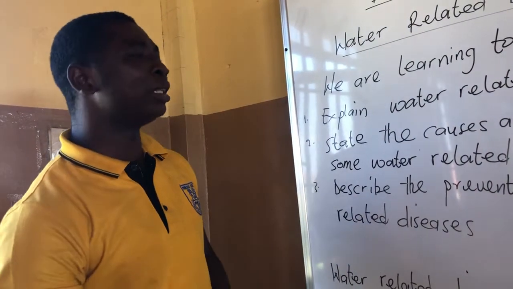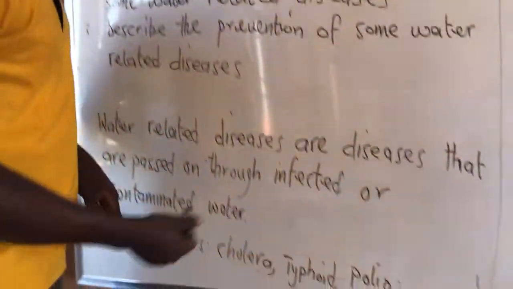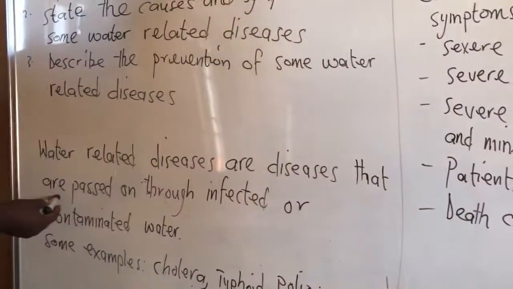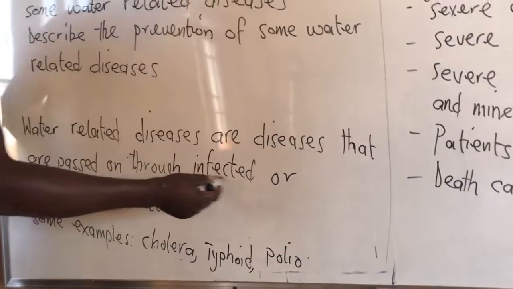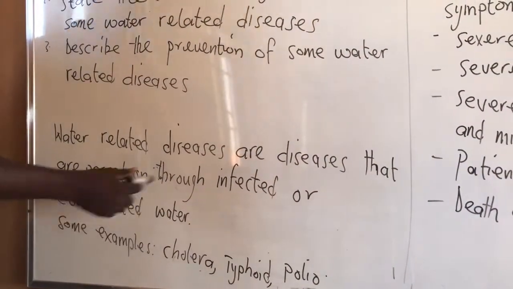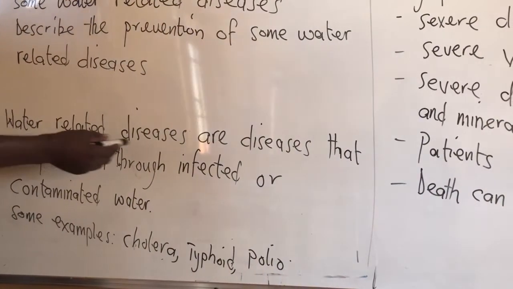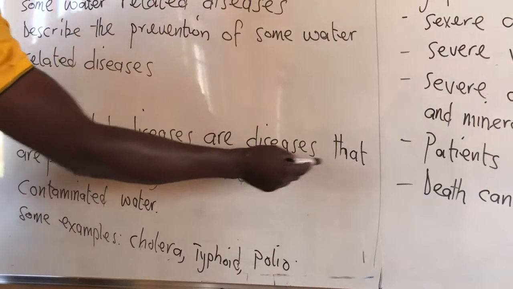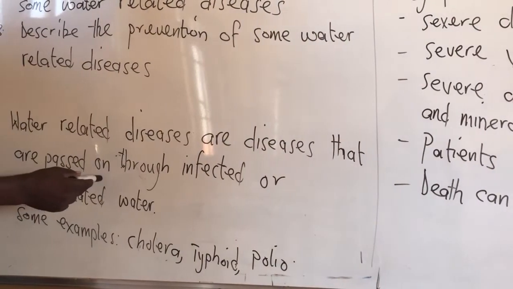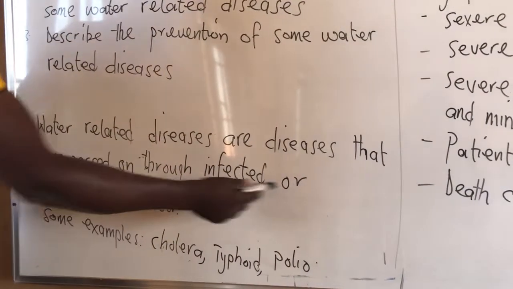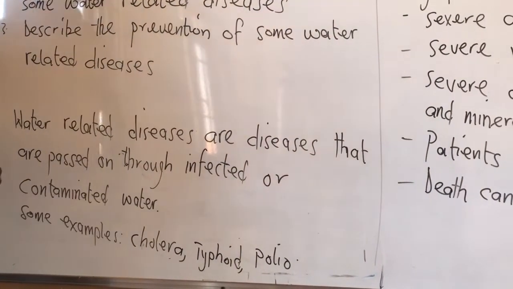So what is a water-related disease? Water-related diseases are diseases that are passed on through infected or contaminated water.